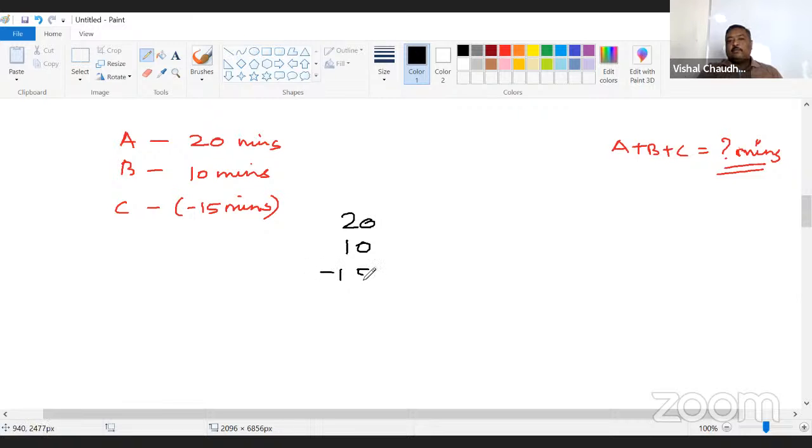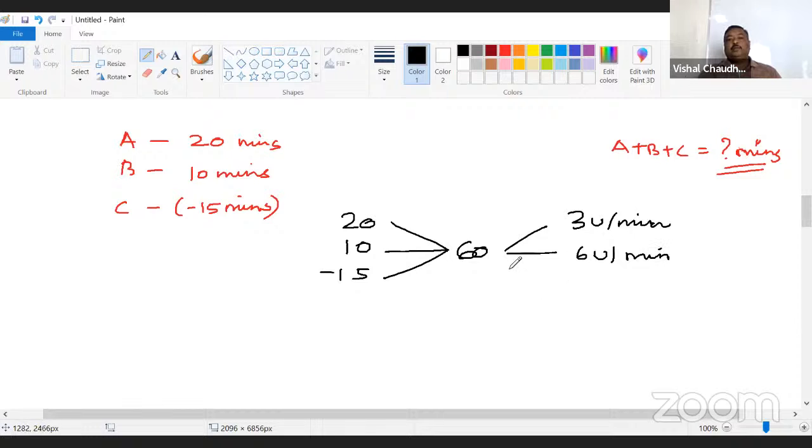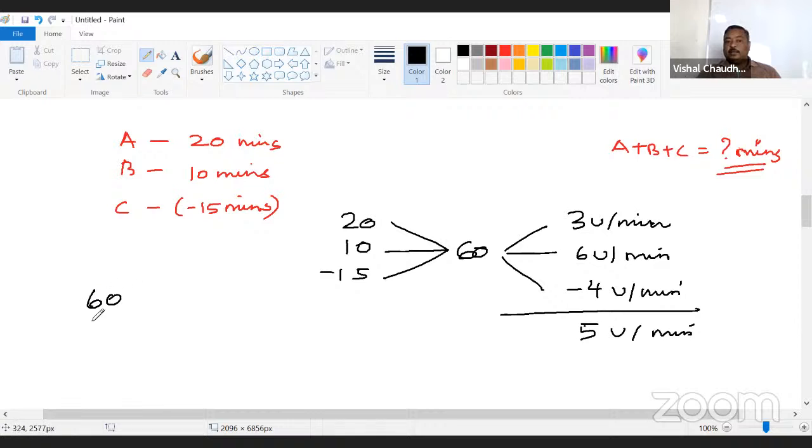20, 10, minus 15. यहाँ पे आ जाएगा LCM 60. 3 unit per minute. Isn't it? यहाँ पे 6 unit per minute. और यहाँ पे minus 4 unit per minute. तीनों साथ में करते हैं. 6 + 3 = 9, minus 4 is 5 unit per minute. टाइम कितना लगेगा? 60 by 5 and that is 12 minutes.